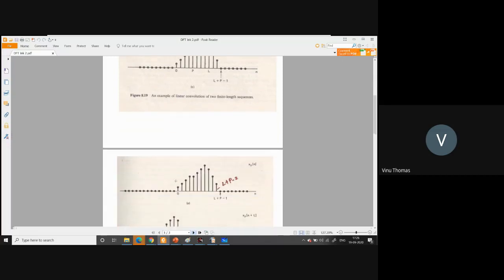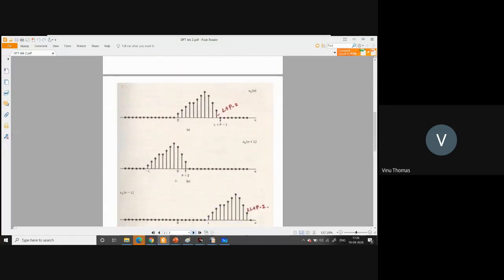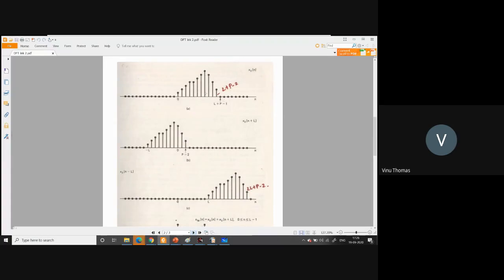Now, with this sequence, we will form a periodic sequence by shifting it by L samples. L in this case was equal to 8. So this is x3[n], and by shifting this in the negative direction by 8 samples, we have x3[n plus 8].